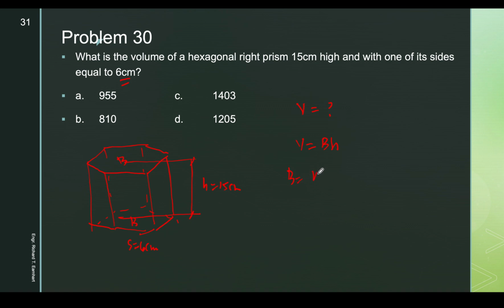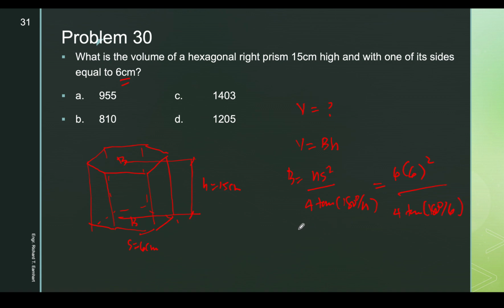The area of a regular hexagon is given by the formula n squared over 4 tangent of 180 degrees divided by n. So we have 6 sides for hexagon, and then the measure of one side is 6, so quantity squared divided by 4 tangent of 180 degrees divided by 6.